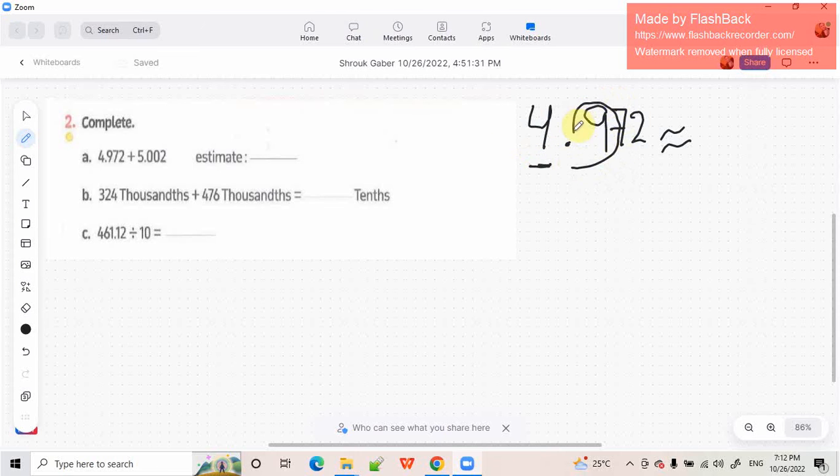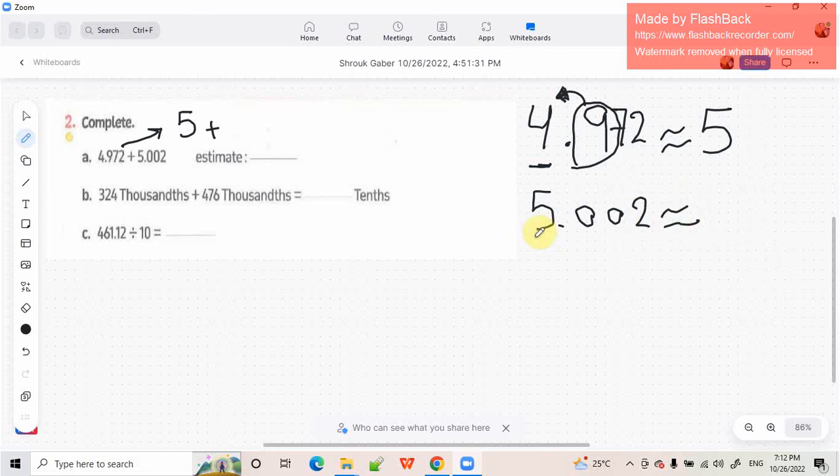Okay, circle 9. Is 9 poor or rich? 9 is a rich number. It will give 1 to 4. 4 will be 5. And the rest will be 0, so I don't write the other numbers. So if I estimate this number, it will be 5. Plus 5 and 2 thousandths. If I round 5 and 2 thousandths to the whole number, we must round at the same place value.